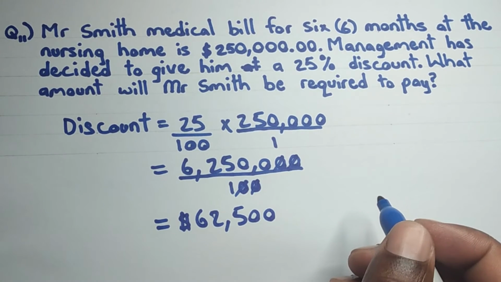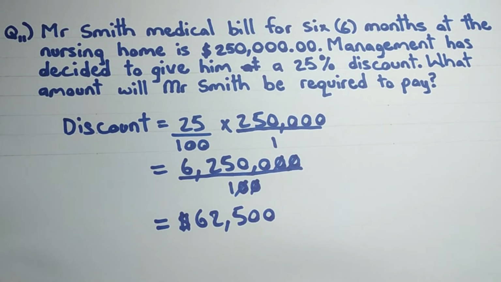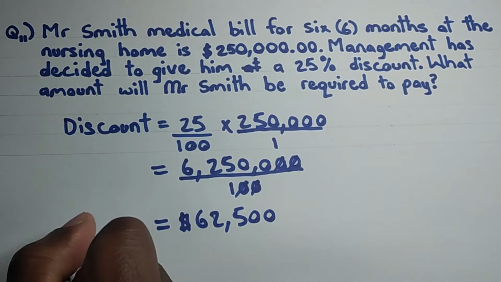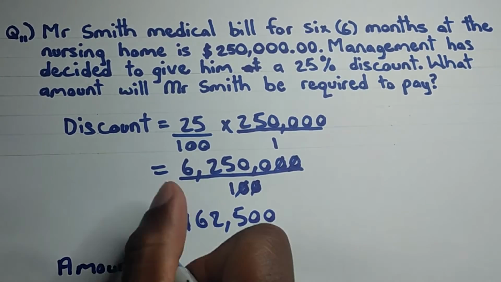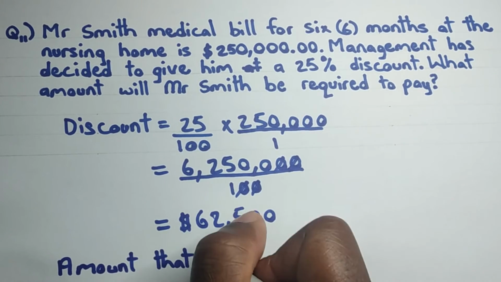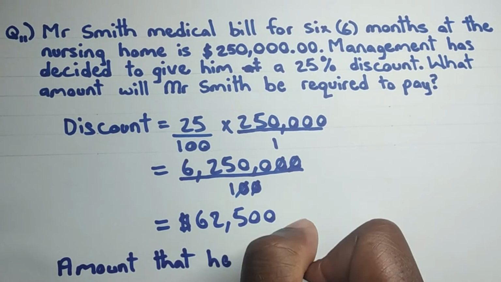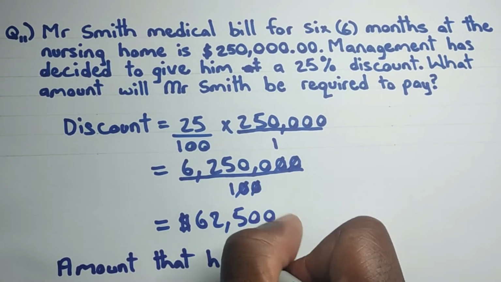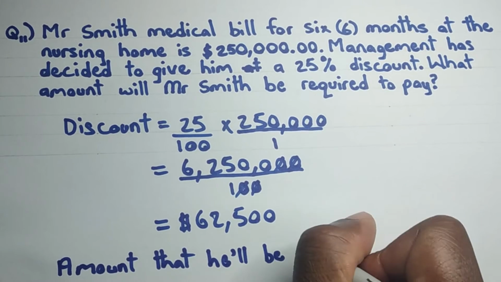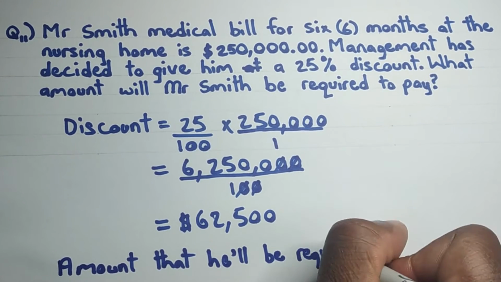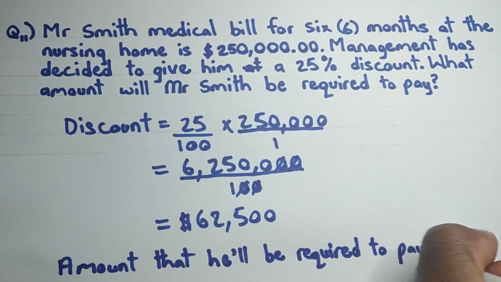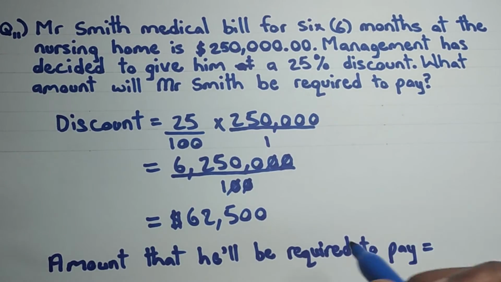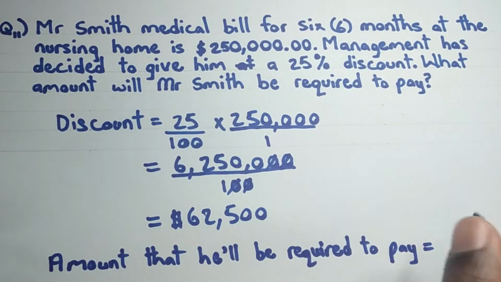Which means if we want to get the amount that he will be required to pay, we have to take the discount from the original cost.